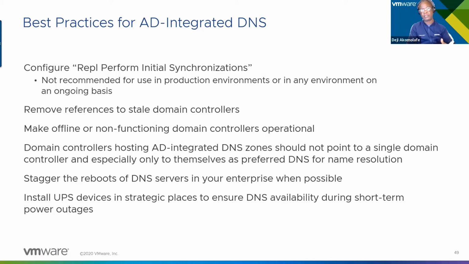We recommend that you point it to another domain controller. You could bypass this check by disabling the perform initial synchronization instruction. Please don't do that. Make sure that you don't have stale DNS servers in your environment. If your DC is pointing to a DNS server that doesn't exist, you will encounter this problem.